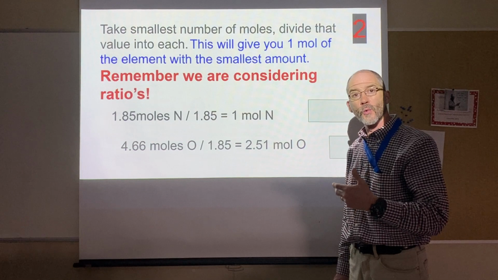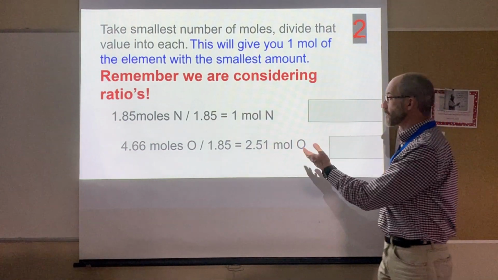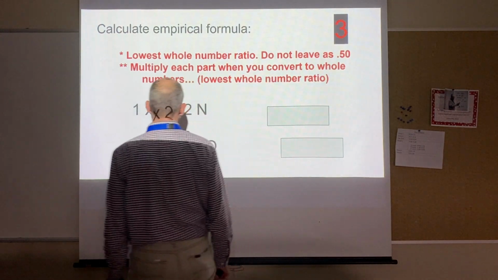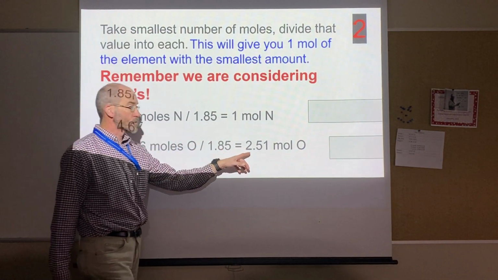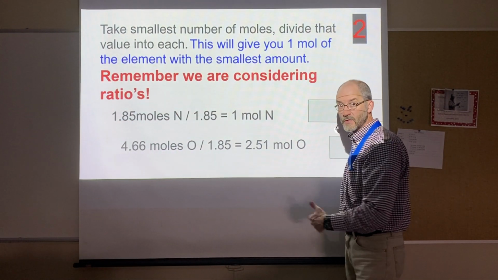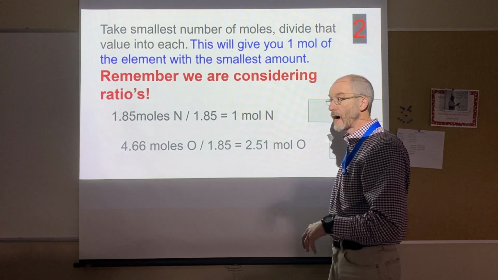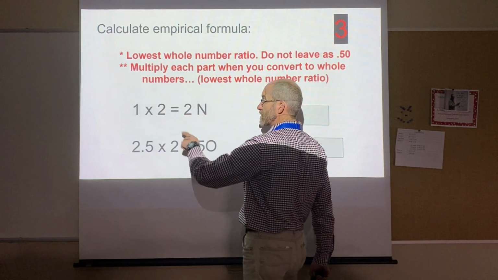That's not our lowest whole number. All right? So what are we going to do in order to get our lowest whole number? Well, we're going to do what we need to do to turn this into a whole number. We would have to multiply it by 2, correct? To make it 5. So if we multiply that by 2, we're going to multiply that by 2.